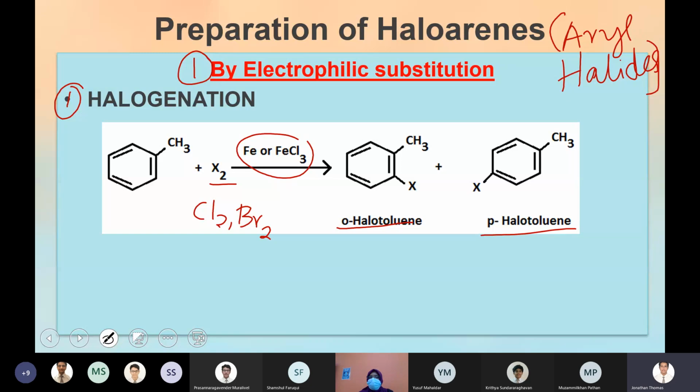Because it's ortho para directing. Very good. That means CH3 group is the ortho para directing group. Any alkyl group on the benzene ring will direct the next coming group either to the ortho position or to the para position. Last year we discussed two different types of directing groups, ortho para directing groups and meta directing, right?